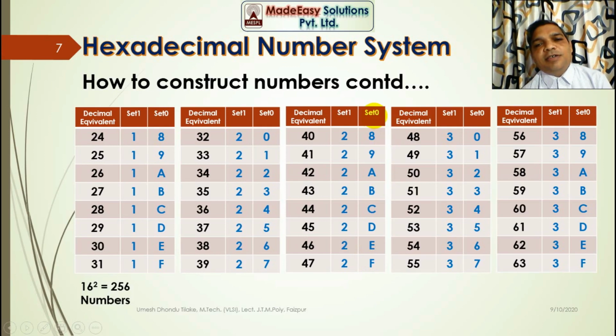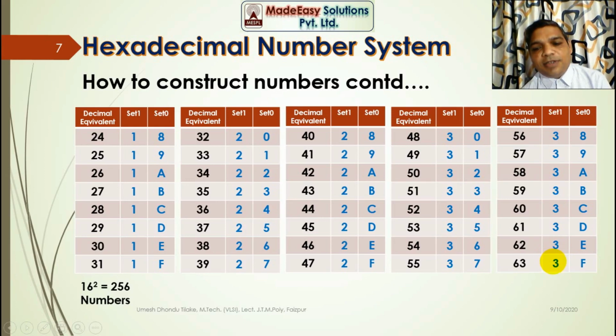The process is continued. See over here, after 2F in set 0 digits are repeated from 0 to 7 and 8 to F, and in set 1 the next digit to 2, that is 3, is used and kept constant until the final digit used in set 0. This process is continued until set 1 uses F, that is the final digit.